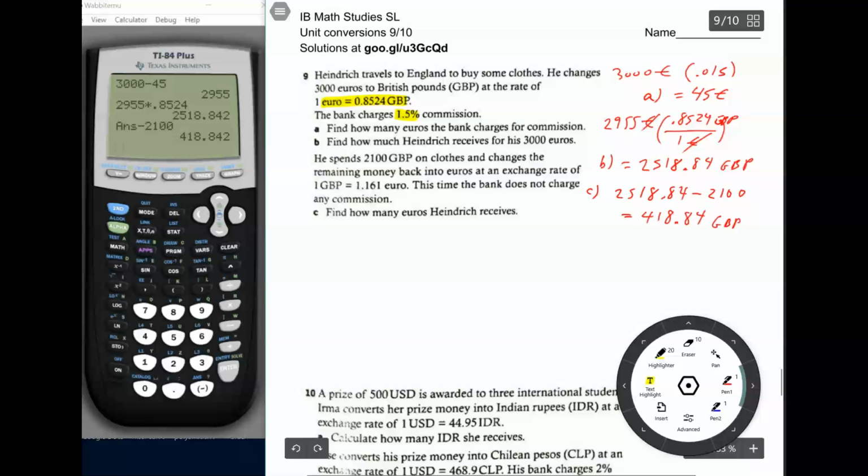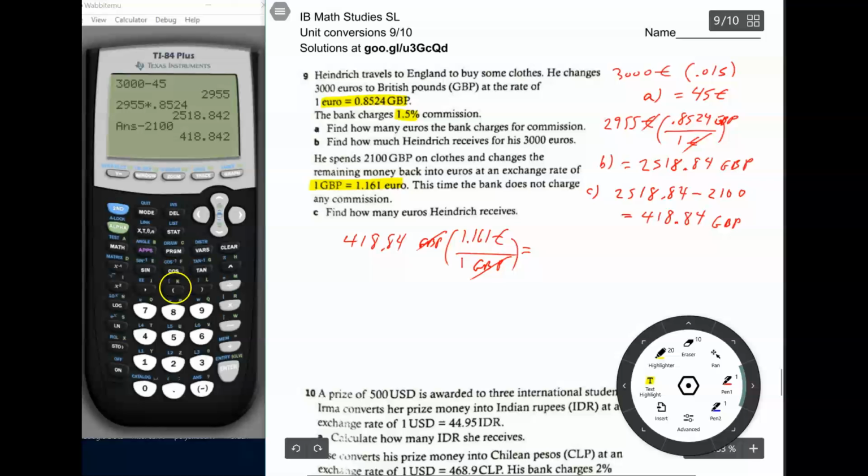Then I'm going to convert it using this rate here. In the denominator I'm going to have 1 GBP so that the units cancel out, and on the top I'm going to have 1.161 euros.